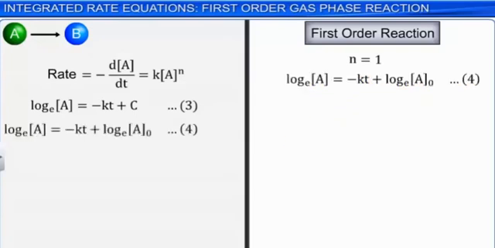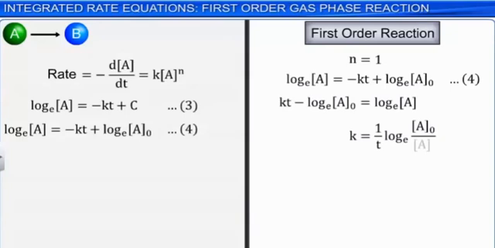On rearranging this equation, we get K is equal to 1 divided by t log concentration of A0 divided by concentration of A to the base e.